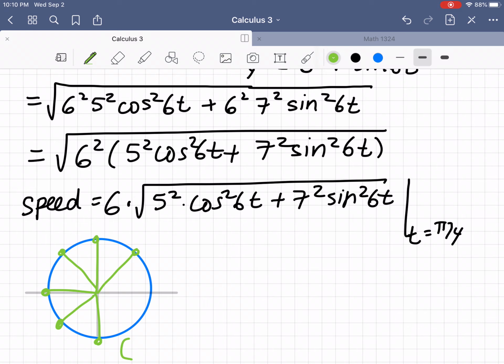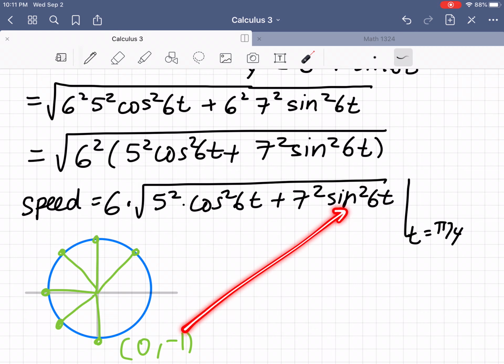And that coordinate is going to be 0, -1. What does that mean? That means the cosine is 0 and the sine is -1. So when you're plugging it all in there, this whole bit right here goes away because that's 0, right?